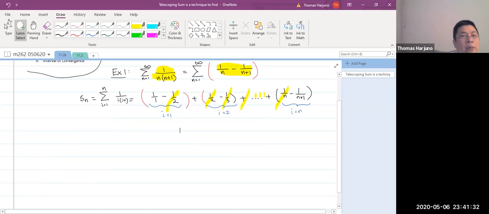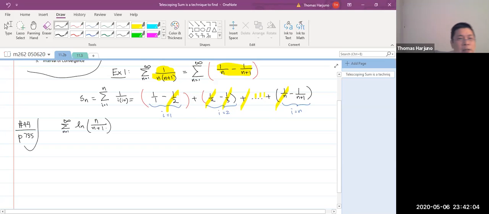Let's say, for example, I pick a question from the book, number 44 on page 735. The sum from n equals 1 to infinity of natural log of n over n plus 1.